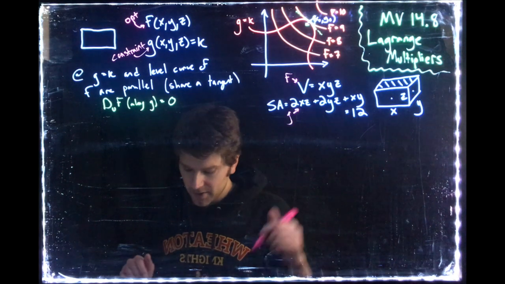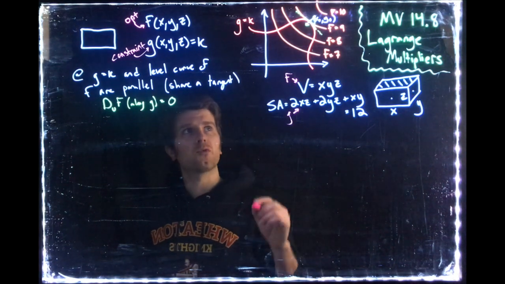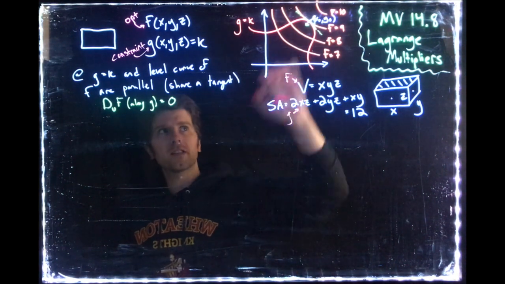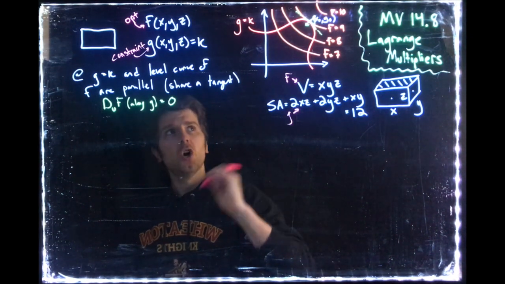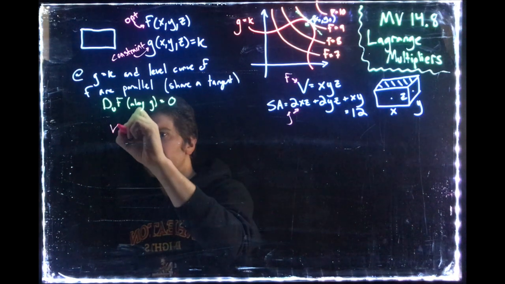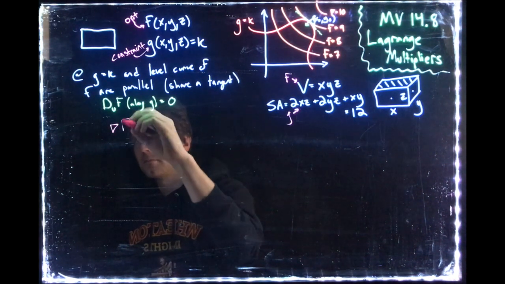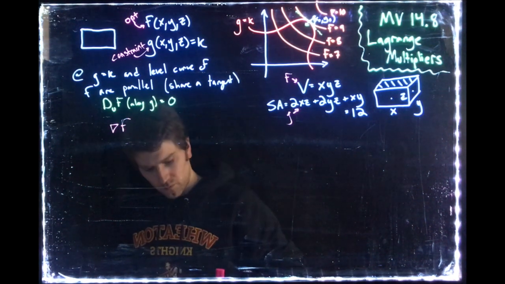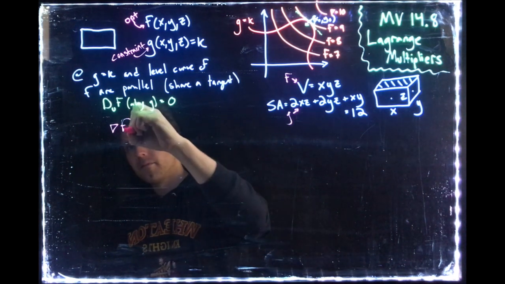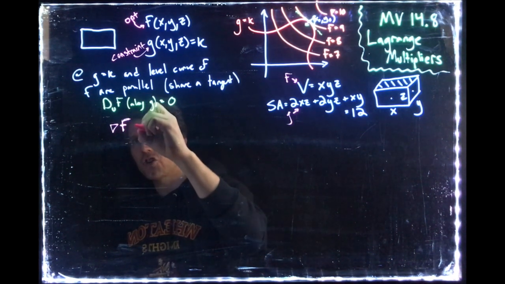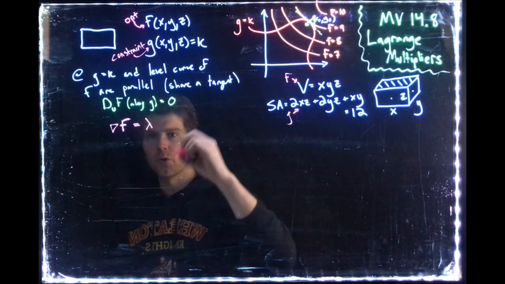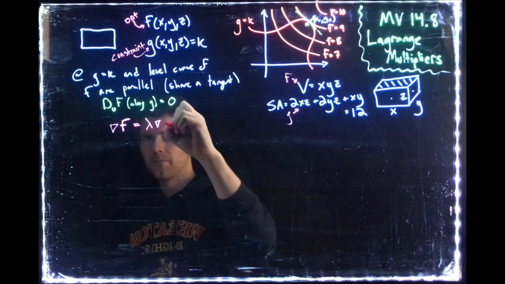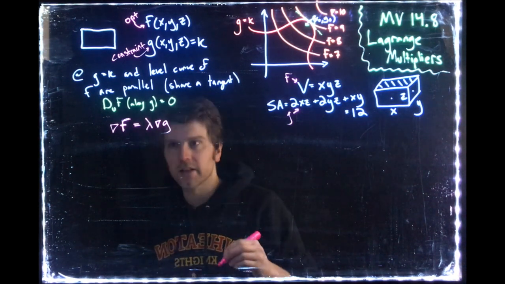So it might not come as much of a surprise that I'm going to write this: in order for us to have a maximum or a minimum subject to a constraint, what has to be true is that the gradient of our function f is equal to some scalar, which we'll call lambda here, times the gradient of g.